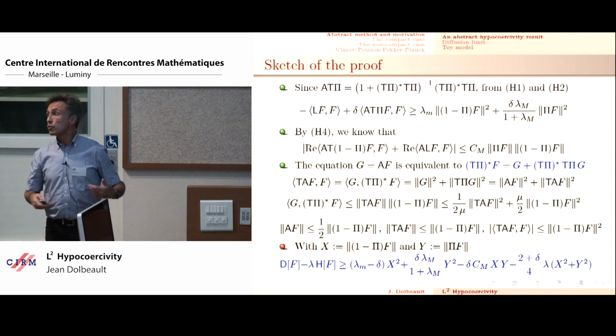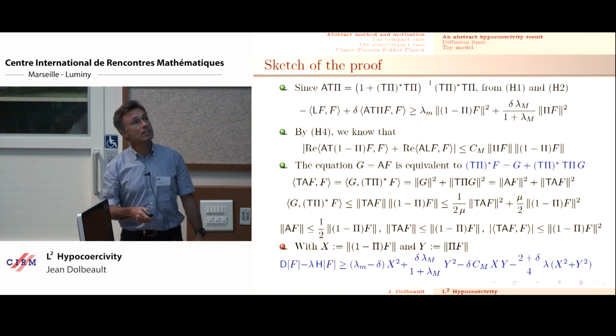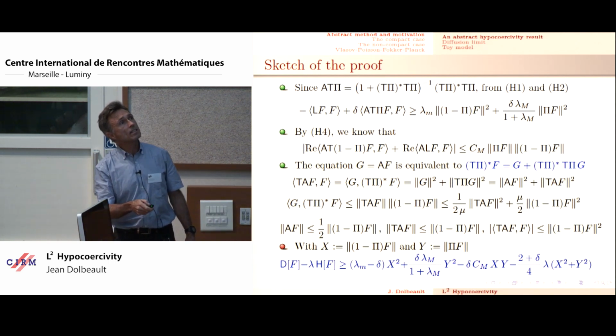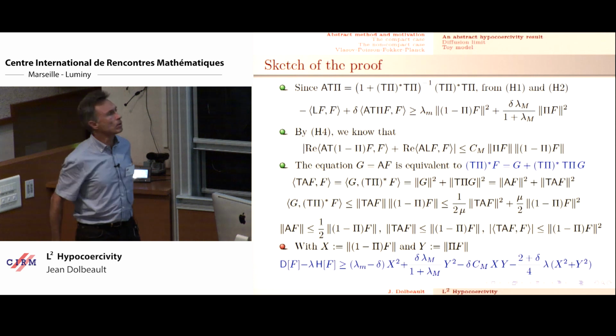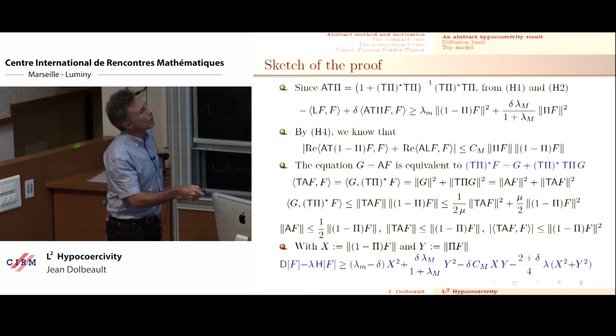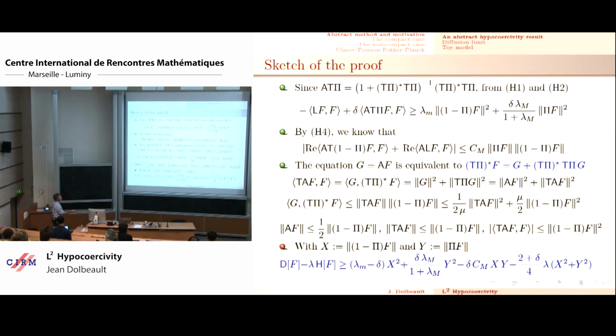Now, this quantity, of course, you can also use a standard elementary estimate like a Cauchy-Schwarz inequality, which tells you that this TAFF is actually controlled by the norm of the TAF term and the norm of this, because TA is already in the orthogonal of the kernel. And for instance, by completing a square, you have the control by the sum of the square of these two terms with coefficients here.